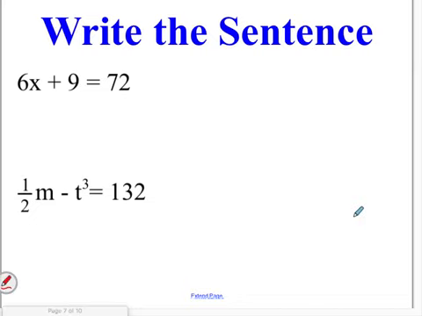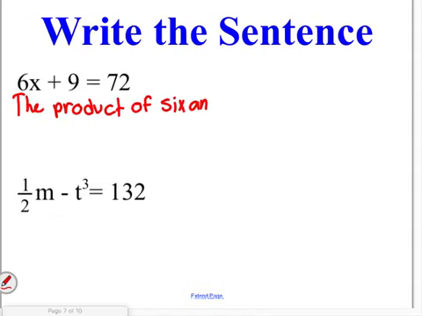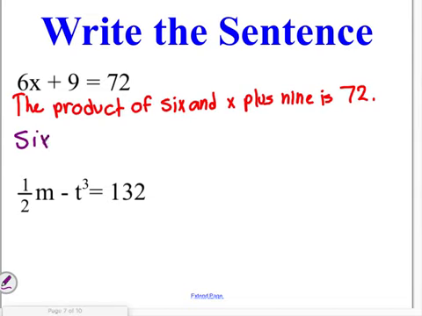So we could have the product of 6 and x plus 9 is 72.